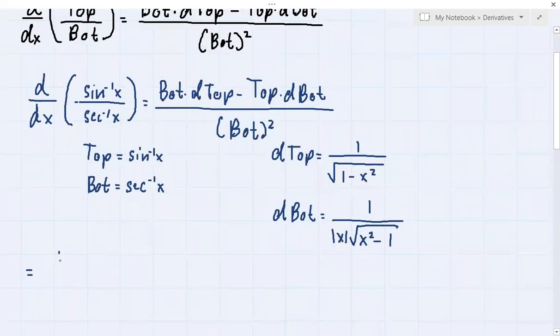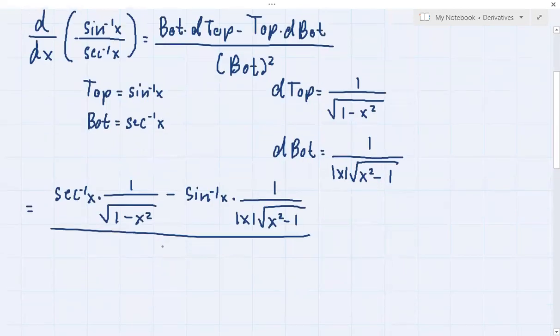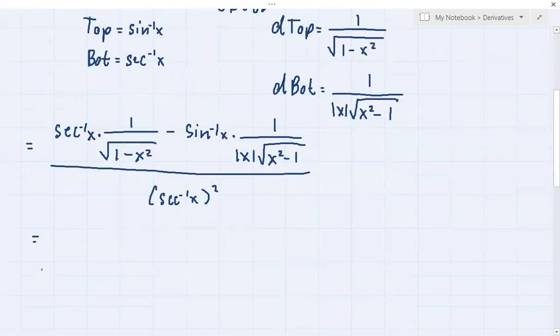Bottom, which is arcsecond, times derivative ng top, which is 1 all over the square root of 1 minus x squared, minus yung top, which is arcsine, times derivative ng bottom, which is 1 all over the absolute value of x times the square root of x squared minus 1. All over the square ng bottom, which is the square ng arcsecond. Now, let's simplify.